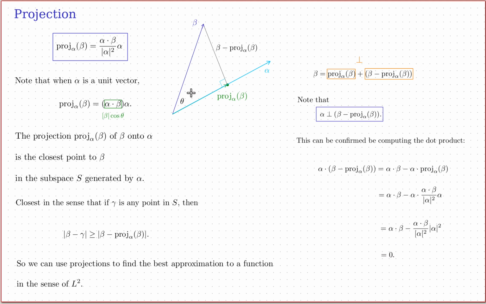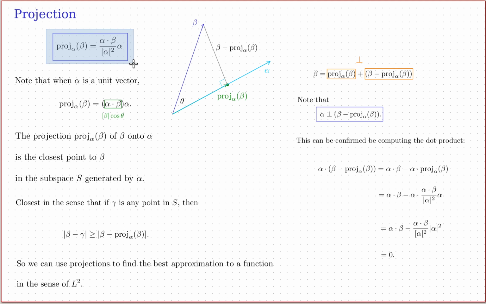But again, the strategy we're going to use here is that by projecting from one vector onto another, we get the closest point onto that vector, and then by combining projections onto a number of vectors in the subspace, we'll be able to get the complete projection onto the subspace.